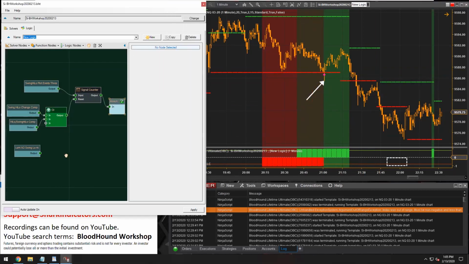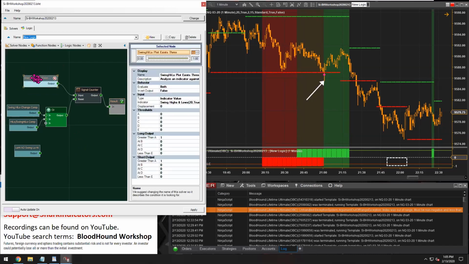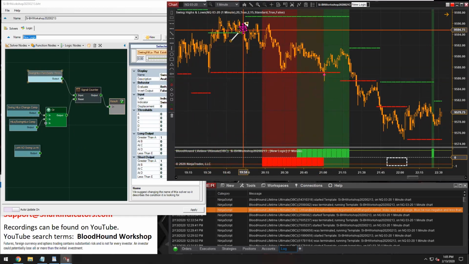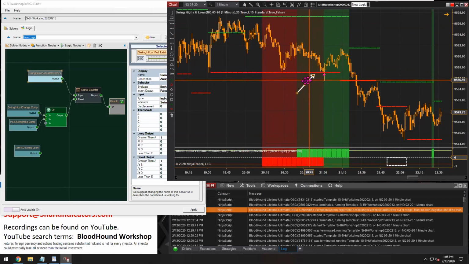All right, so let's summarize what we have going on here. This solver is identifying that the swing low plot exists and that a swing high plot exists. If you use a different swing indicator, like the NinjaTrader swing indicator, your swing low plot might disappear when it gets broken.